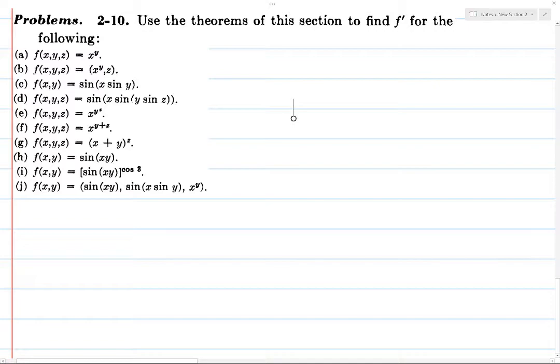But for this problem, we don't have that theorem yet. So what we have to do is, let's see here, we have the chain rule. That's very important. And we were able to prove the addition rule and the product rule.